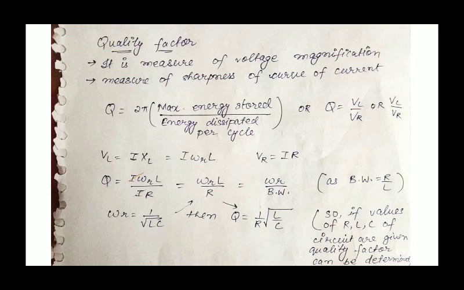We have calculated the quality factor in terms of L and R, in terms of bandwidth, and in terms of R, L and C. So if we know the values of resistance, inductor and capacitor of the circuit, the quality factor can be determined.